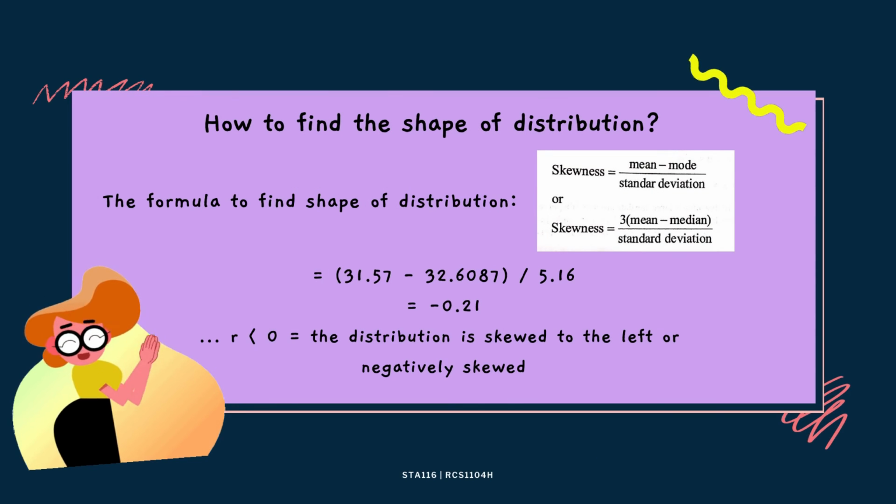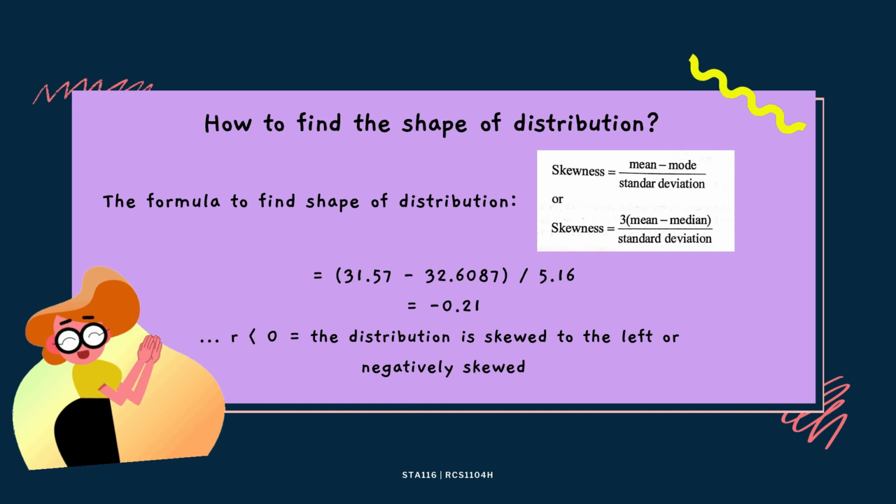How to find the shape of the distribution? First step, you can use the skewness formula. Skewness has two formulas: skewness equals mean minus mode, divided by the standard deviation, and 3 multiplied by mean minus median, divided by the standard deviation. First, you need to substitute the mean and mode. After that, divide by the standard deviation value.